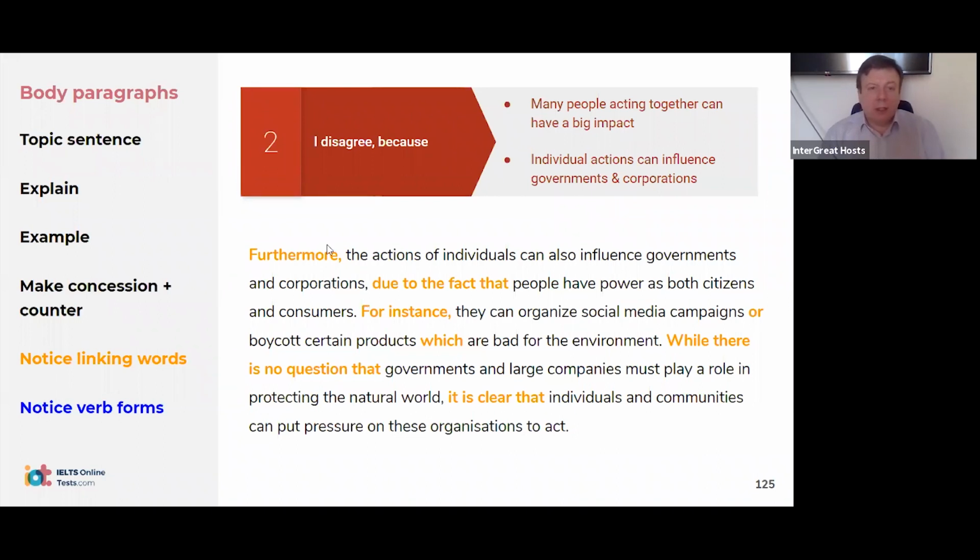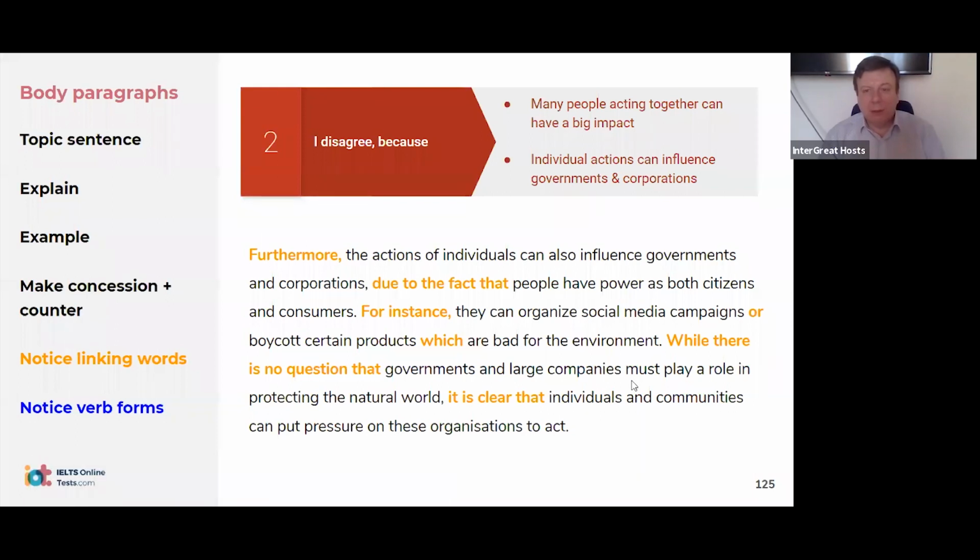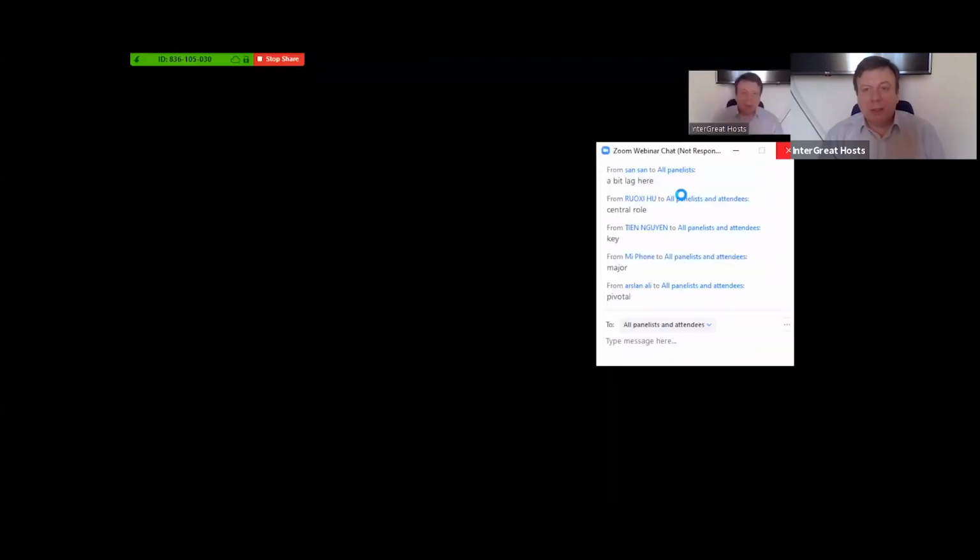Okay, so look at our linking words. So furthermore, we're adding additional ideas. Due to the fact that, for instance, no question that, it is clear that, okay? Some people have got some good ideas there. I don't know why that is happening, but let's wait and see.